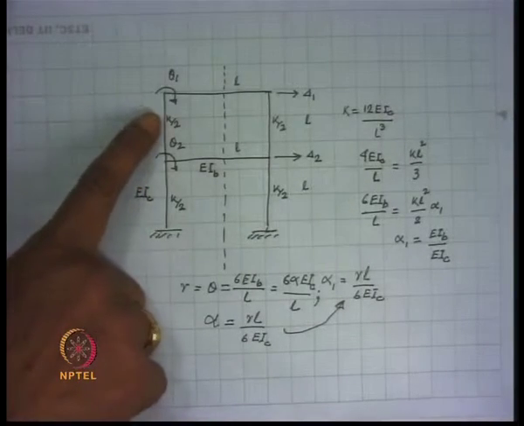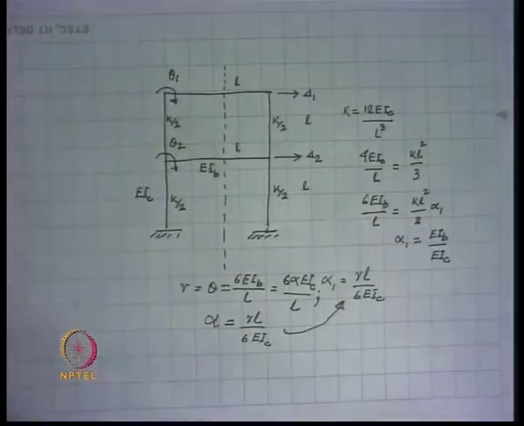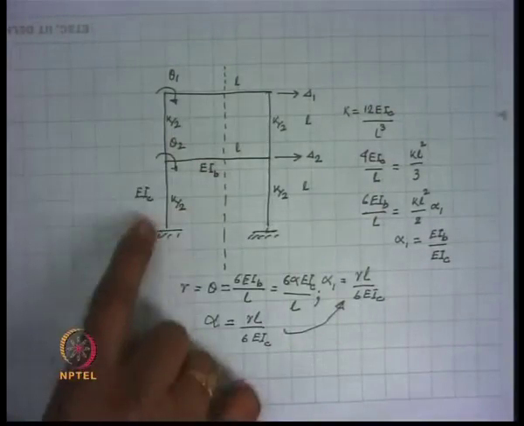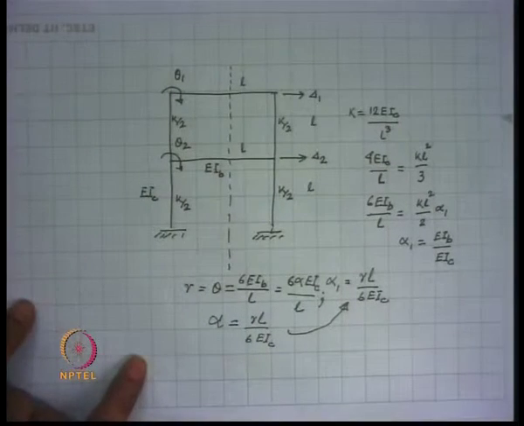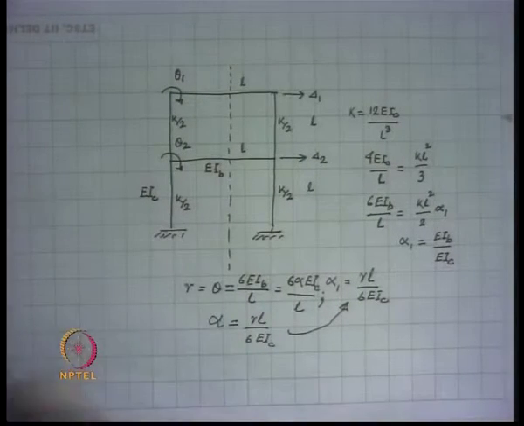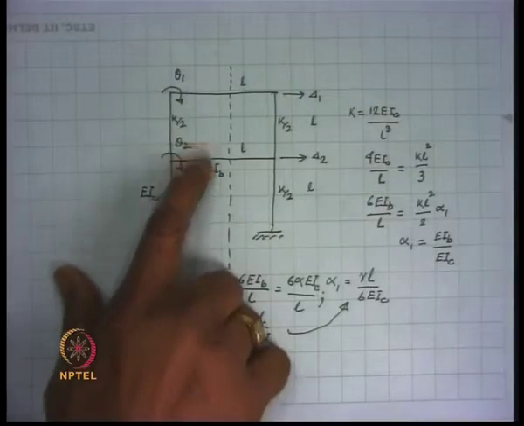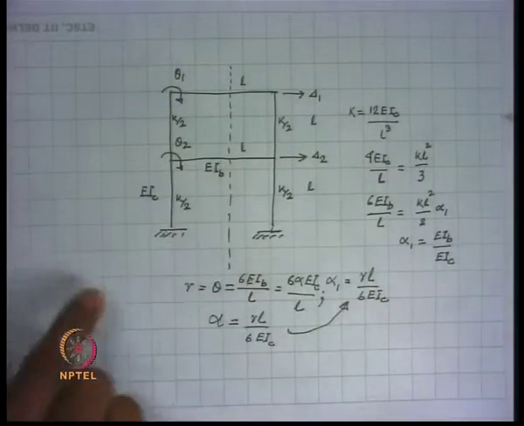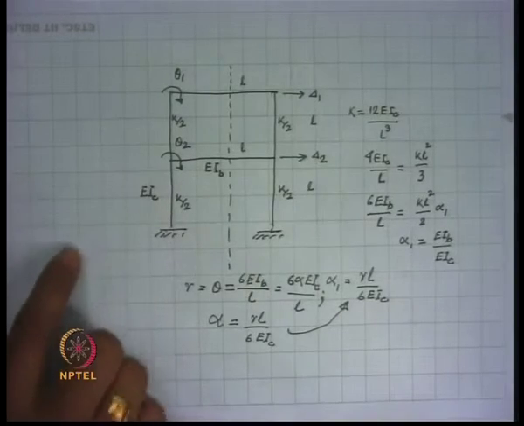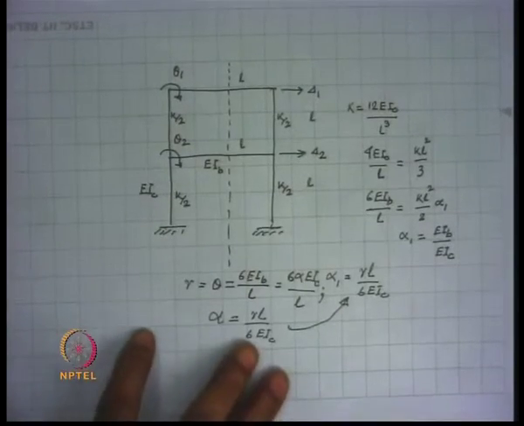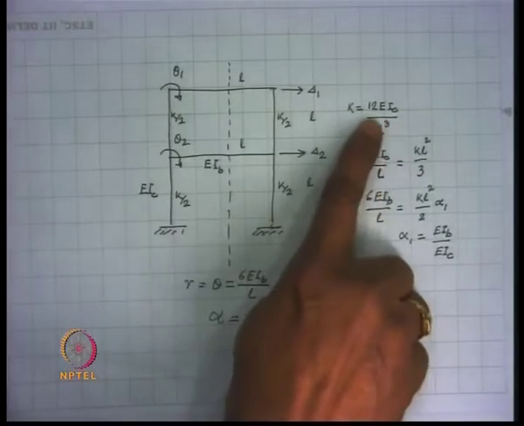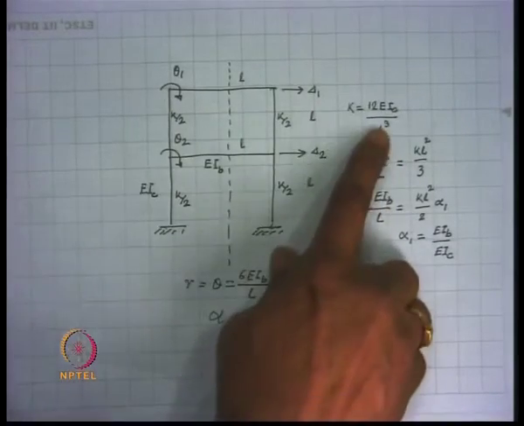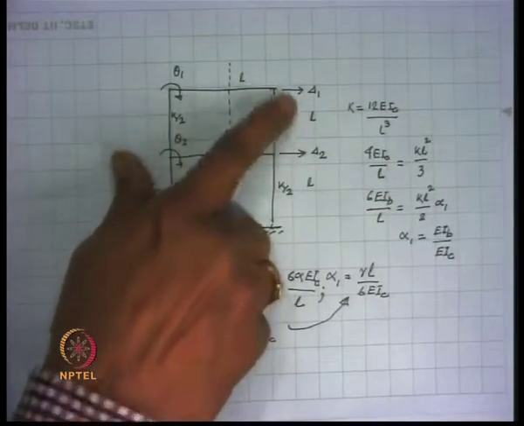The stiffnesses of the upper story columns are k by 2, k by 2. So, the total stiffness is k. For the bottom also the total stiffness of the columns is k. The beams are having a flexural rigidity of EIB, and the flexural rigidity of the columns is EIC, and k is equivalent to 12 EIC by L cube, where L is this length.